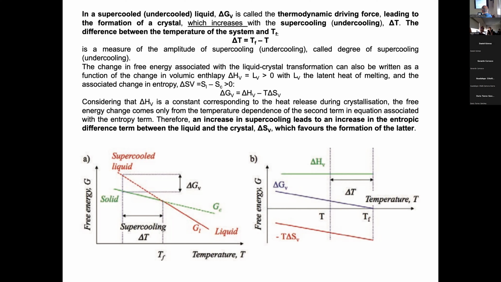What is going to happen is that the delta G will increase, as we said, and this one will increase. So therefore, the increase of entropy will favor the formation of the nuclei.